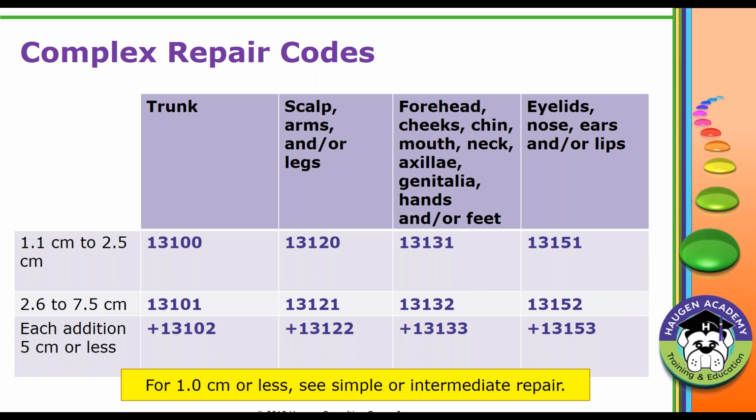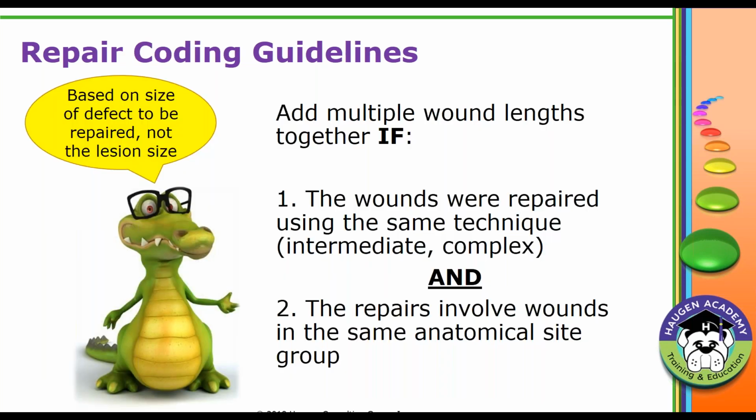The guidelines for reporting repairs, I did mention this before, but it's a little bit different than the excision guidelines in the fact that you are going to add multiple wound lengths together if the wounds were repaired using the same technique. So they have to be either both intermediate or both complex, and the repairs have to involve wounds at the same anatomical site.